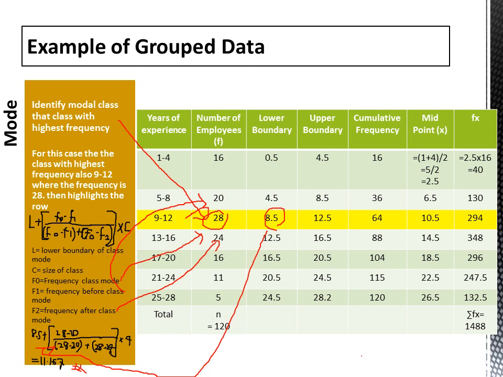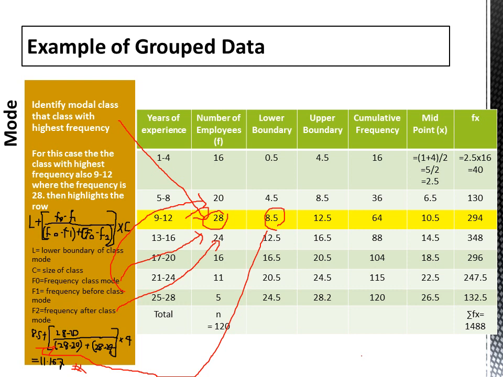The highest frequency is the mode class. For this case, the class 9 to 12 is the mode class, whereby the frequency is 28, which is the highest compared to the other frequencies.